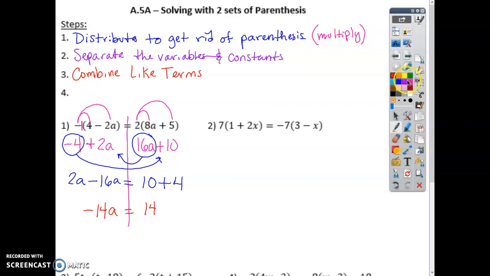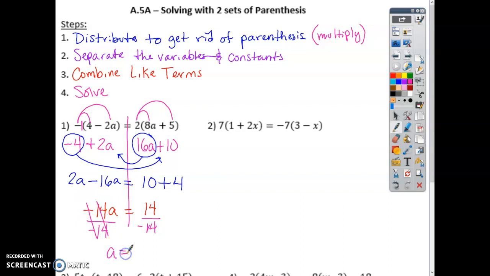And what is the last step? We're going to divide. So we're going to solve. And that's usually by dividing or multiplying. So right here, my a is connected with that negative 14. So to get rid of it, you have to divide by negative 14 on both sides. Okay? So it cancels.